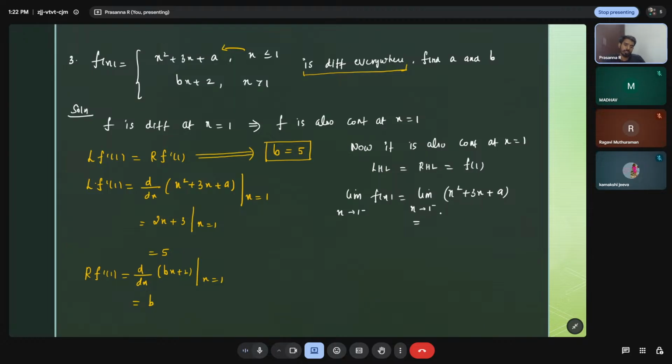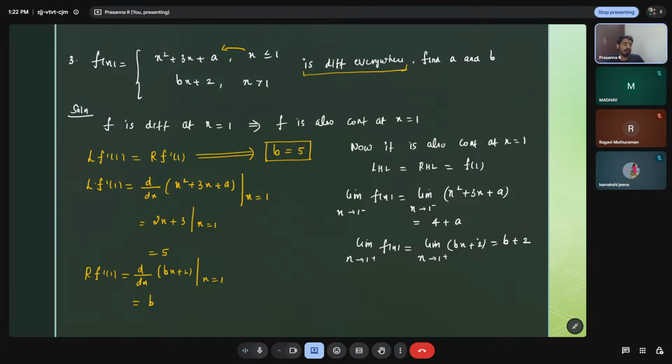Now when you put x tending to 1, it will be 4 plus a. So 4 plus a is my LHL. Limit x tending to 1 plus of f of x is bx plus 2. When you put the limit, it will be b plus 2.